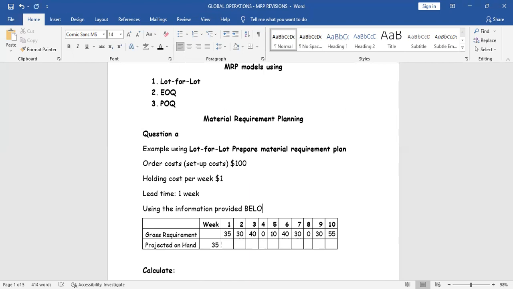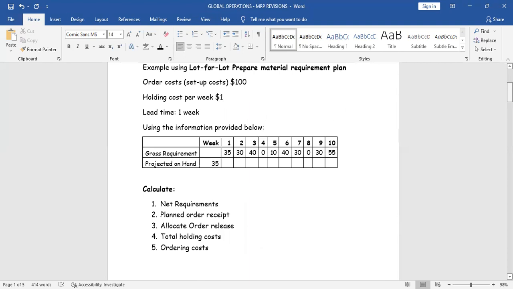The information that has been provided below is basically that. This is the table that most likely you'll be given in the exam. If you look at the table, it has weeks from week 1 to week 10.